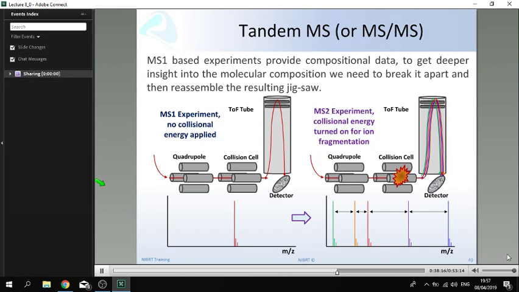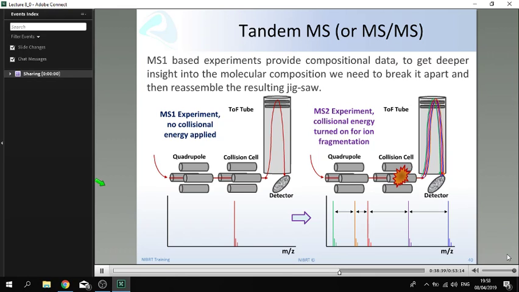On the right, we actually have two mass analyzers in place, and in between them, you turn on a collision cell that fragments your ions into even more fragments. So you send your ions to a quadrupole, then you send them to a collision cell.